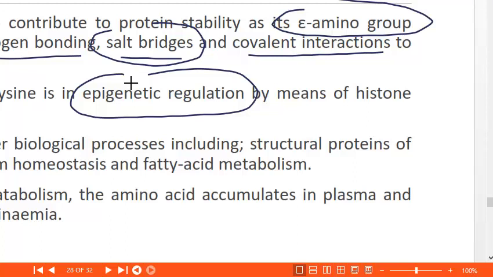Whenever the methyl group is added, this is called epigenetic modification. There may be two processes, removal of methyl group and addition of methyl group. Both are part of epigenetic modification. Except India, the whole world is studying this. India is lagging because facility is very less.